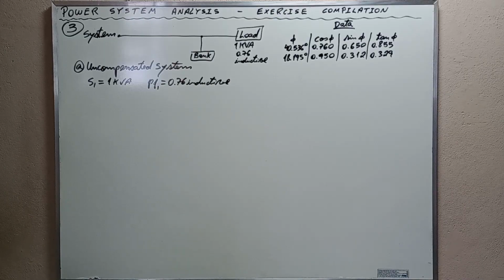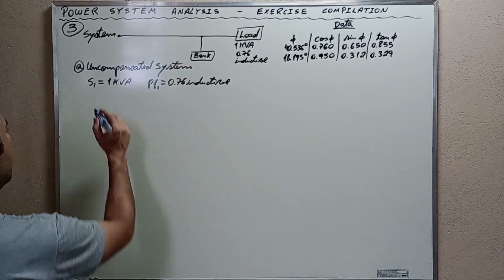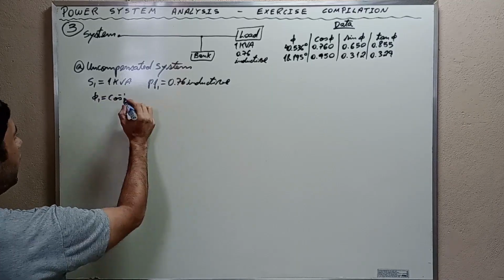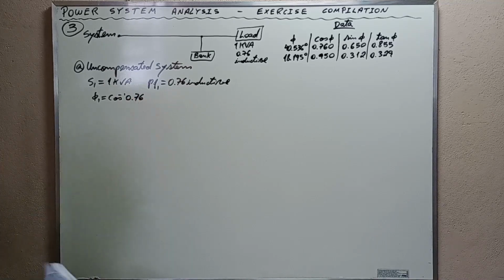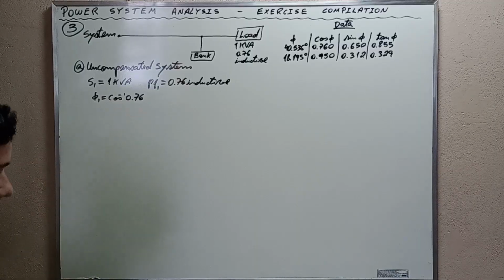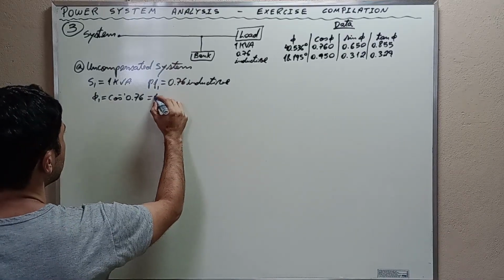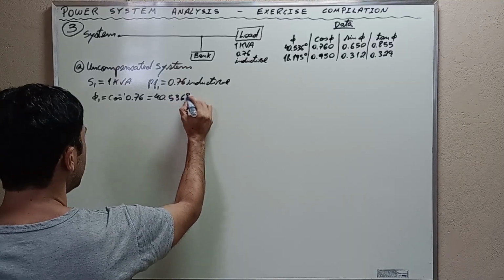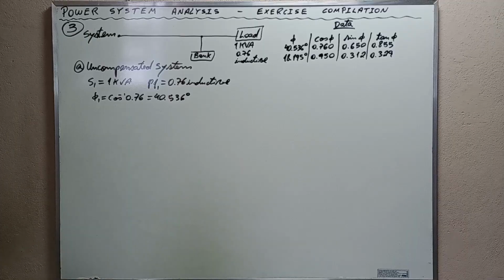Observe that the exercise already provided the angle of the power factor. The angle of the power factor, phi 1, is the inverse cosine of the power factor, and the exercise already gave us this angle, which is 40.536 degrees.